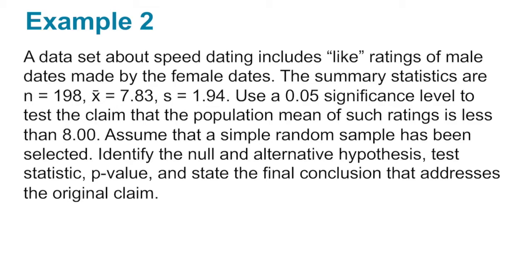So in this problem, instead of giving me the raw data, they gave me the summary statistics. These are the numbers that I need for my calculations later. Use a 0.05 significance level to test the claim that the population mean is less than 8. My original claim is mu less than 8.